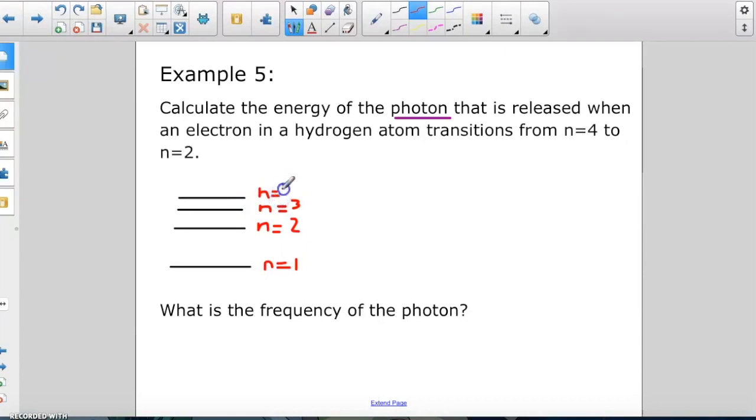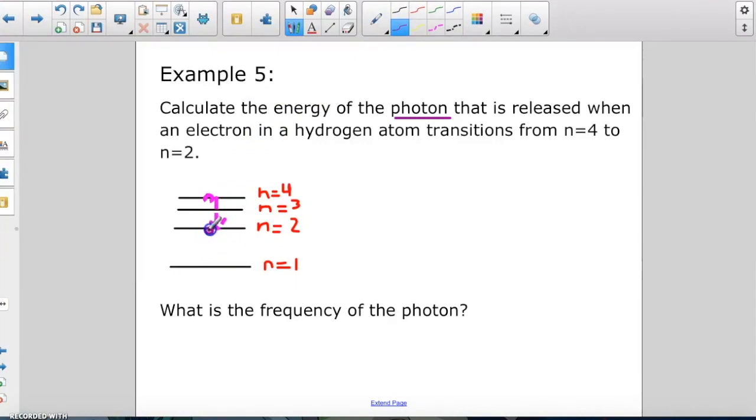What we want to calculate here is the energy of the photon that is being released when the electron, from being here in N4, jumps back down to N2.